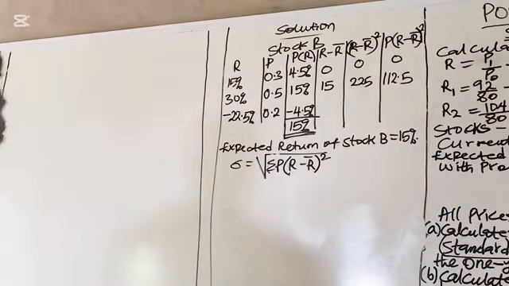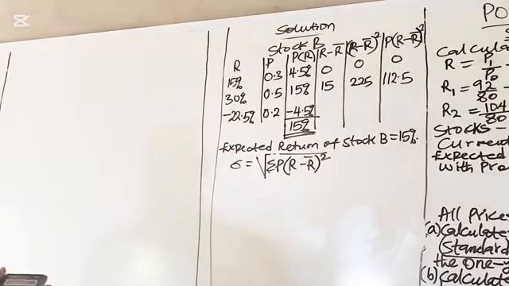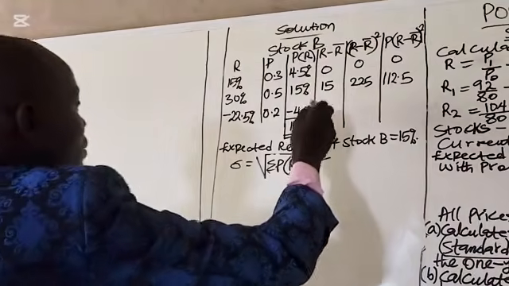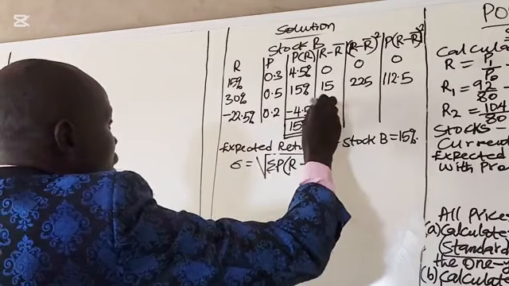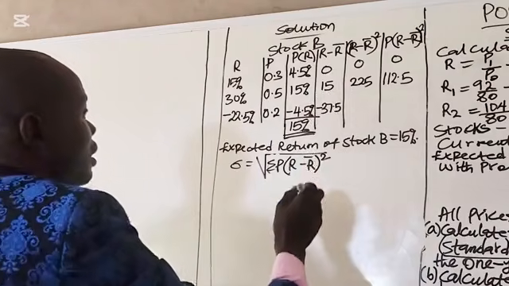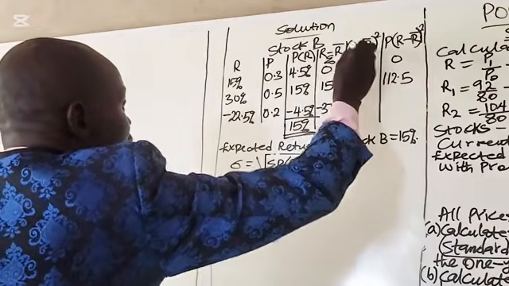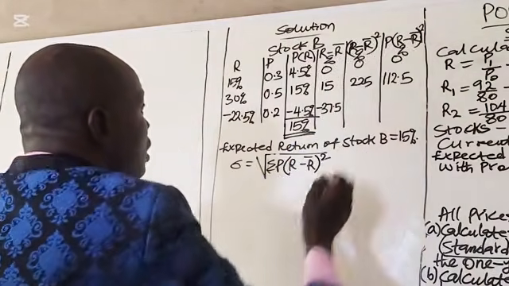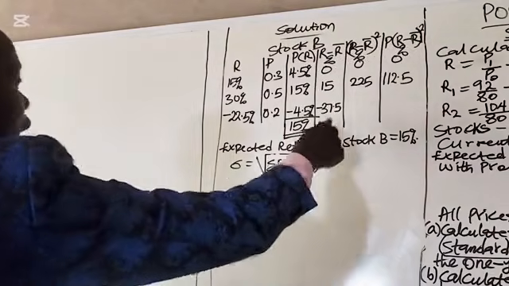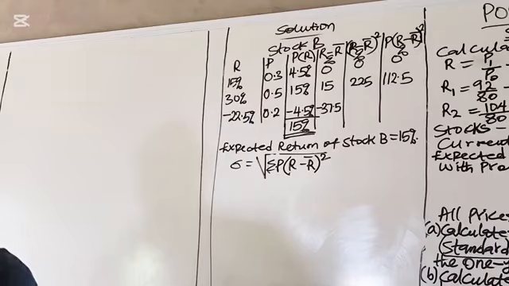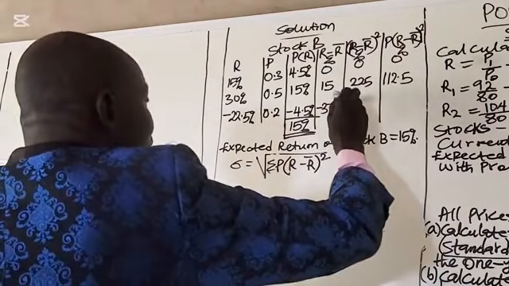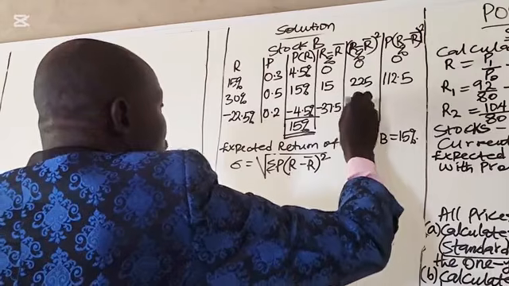Then for this column, the return is minus 22.5 minus the expected return of 15, which gives minus 37.5. All calculations are in percentage. If you square minus 37.5, that is 1406.25.